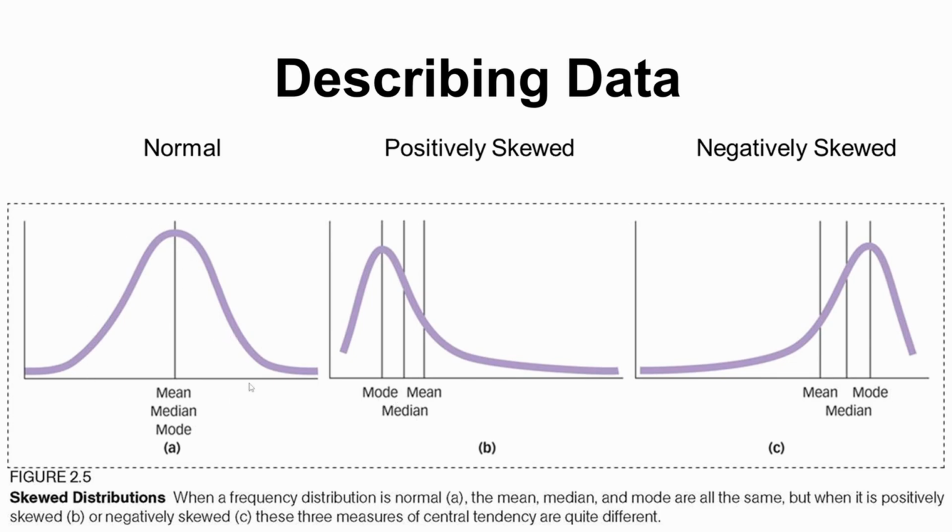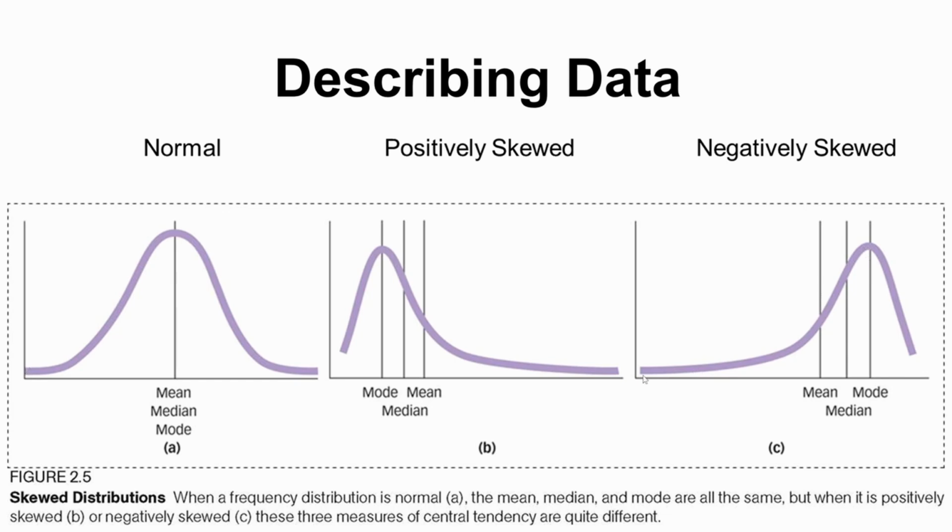But if we think about it, if they're all starting as a normal distribution, and if we add one really high score to that normal distribution, then our curve looks more like this, where the tail points towards those outliers. So it is positively skewed because we have extra very high or very positive scores. Conversely, our negative skew happens if we had added some low scores that are more extreme.